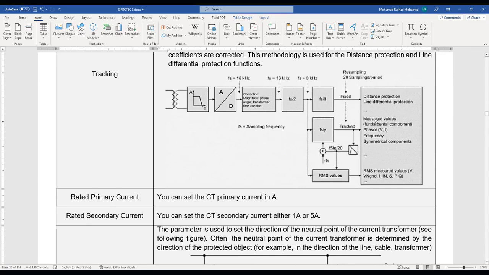This is for measuring the measured values: the phasor of the voltage, current, frequency, symmetrical components, and others. And of course, this frequency also comes into play here, and you have control over it. Similarly, the 8 kilohertz also goes into the RMS values. The RMS values are also used to measure the RMS measured values: voltage, current, power, active power, and all that.